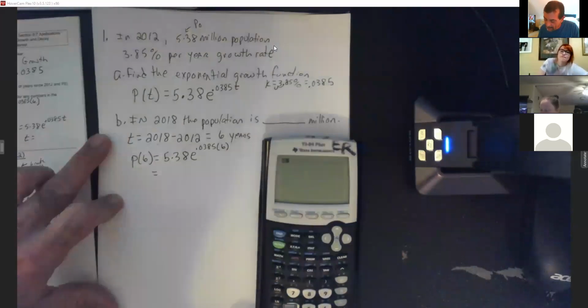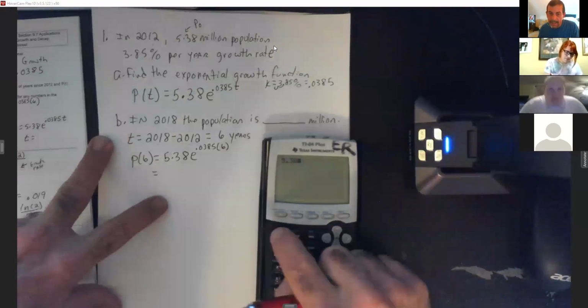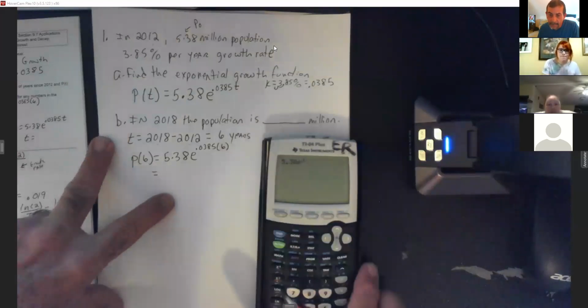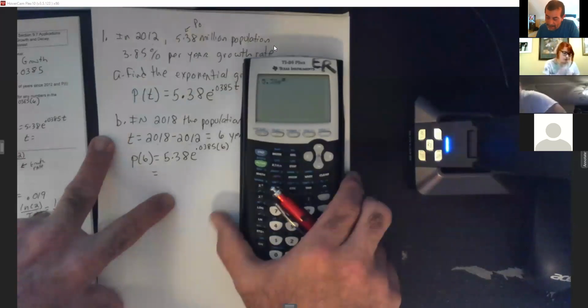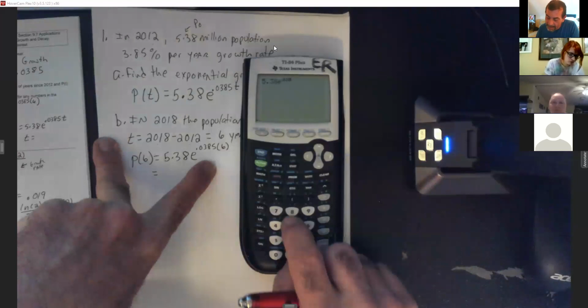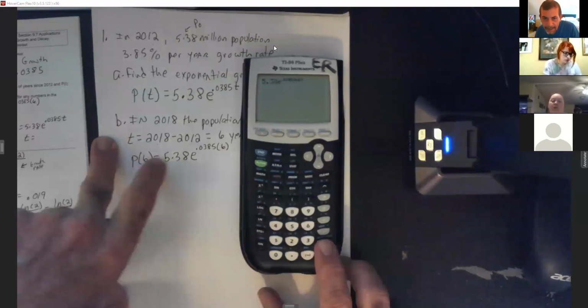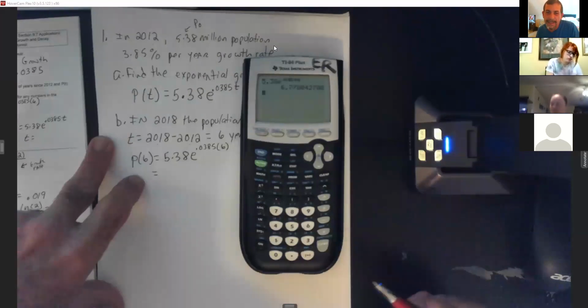So 5.38. Since this e has exponents, I'm going to hit second LN and use that one. And then I put 0.0385 times 6 as my exponent. I hit enter and I'm getting 6.77. So that'll be about a 6.8.